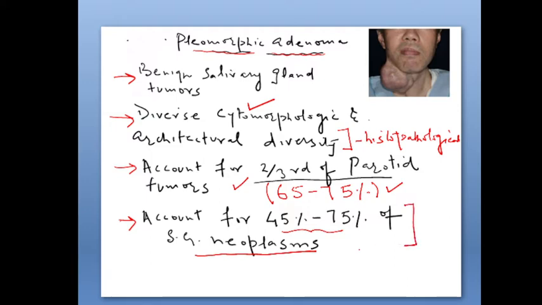So there is diversity regarding the number, regarding the size, regarding shape, regarding the location, and they are very common tumors.